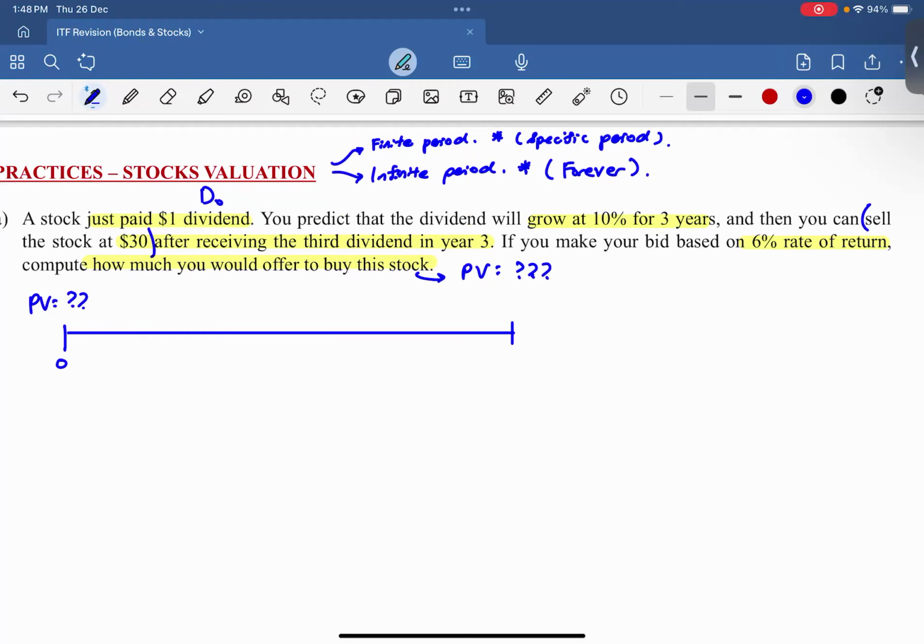After receiving the third dividend in year 3, so I only hold for year 1, year 2, and year 3. The growth rate G is 10% for 3 years. At the end, I will sell it off at the price of $30. Remember, this is what we call a finite period. So this question is a finite period. I only hold the stock for a specific period of time.